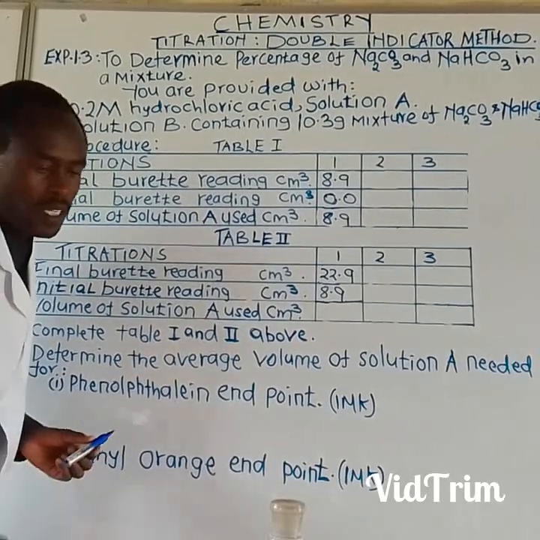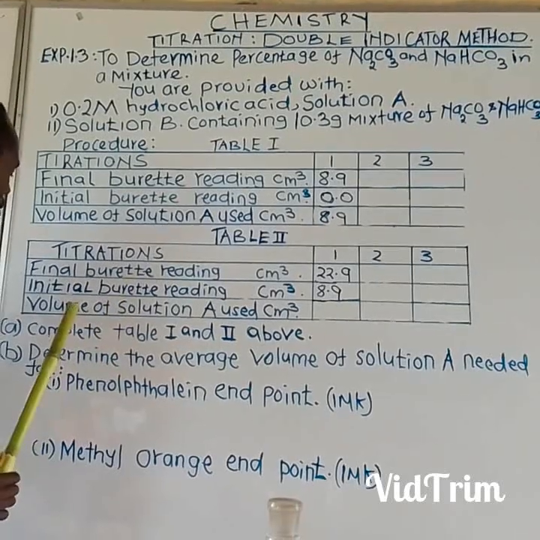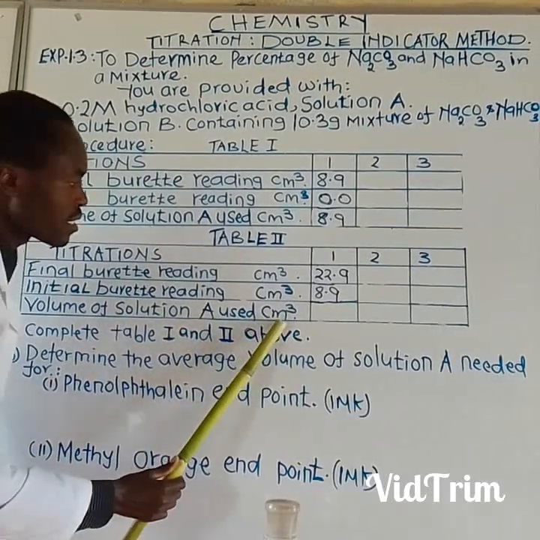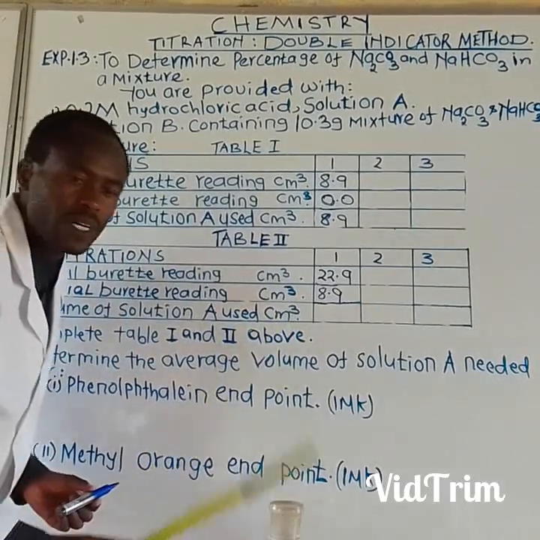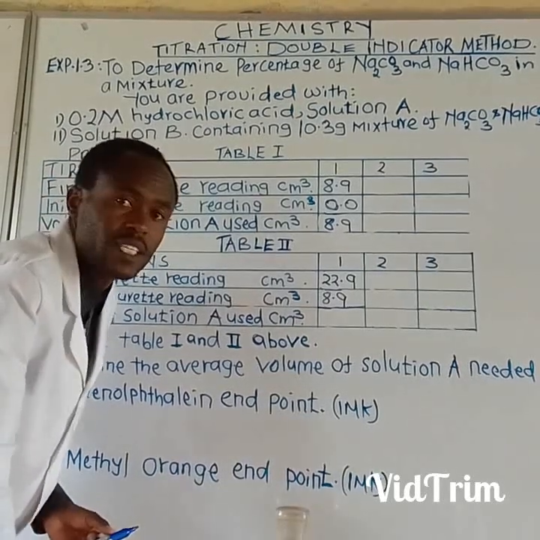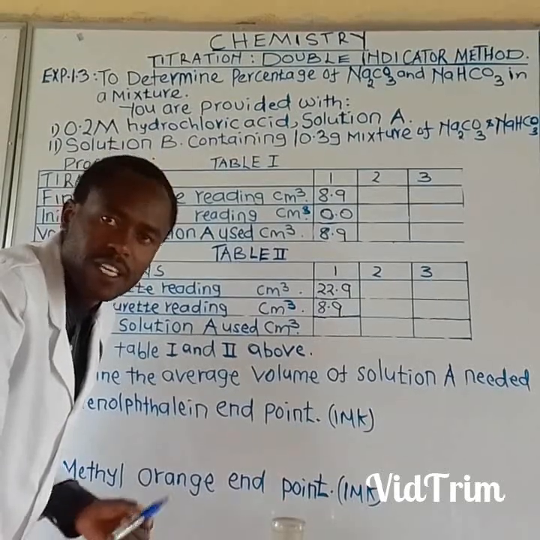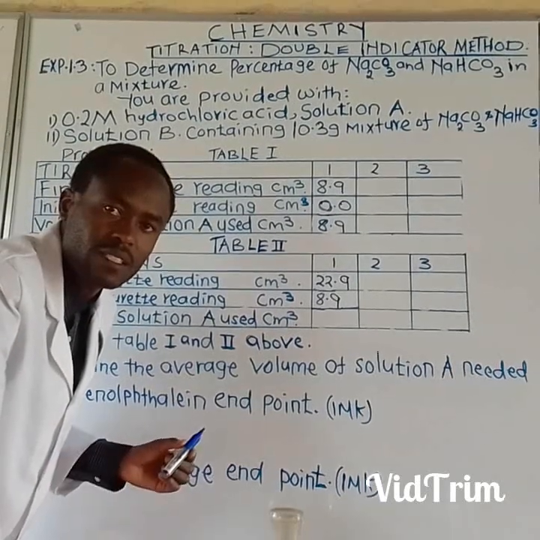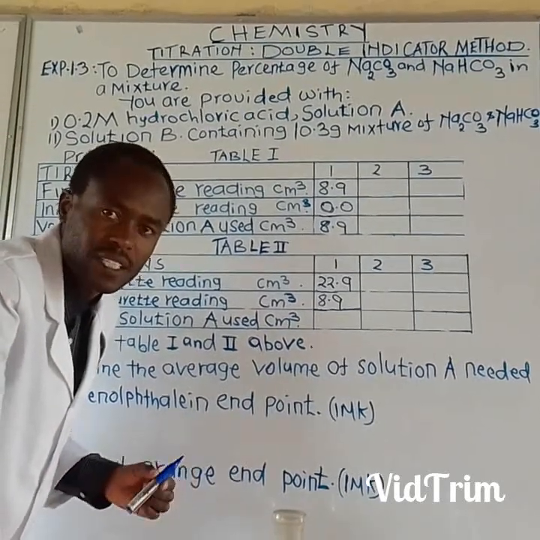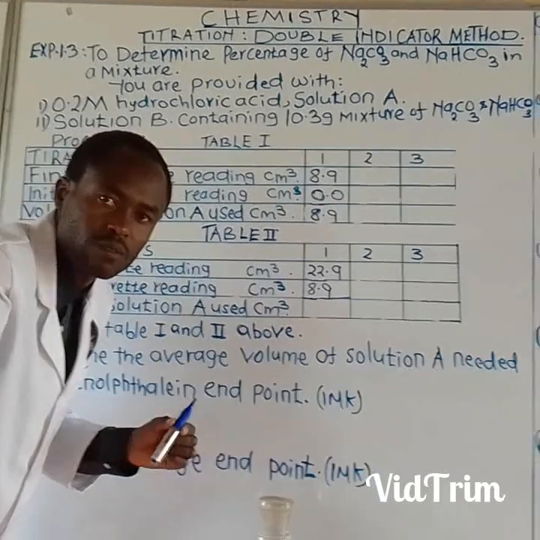Then, how do you get now the volume of solution A used in centimeter cube? Remember, solution A is in the burette. So solution A is there in the first table and in the second table. We are just using solution A all through, isn't it?